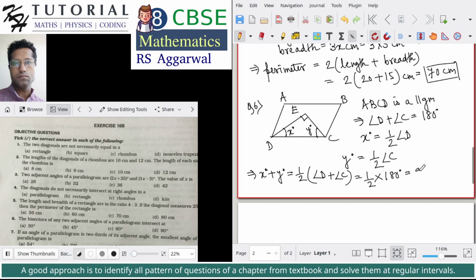So this is equal to 90 degrees. So angle x plus angle y is coming out to be 90 degrees.